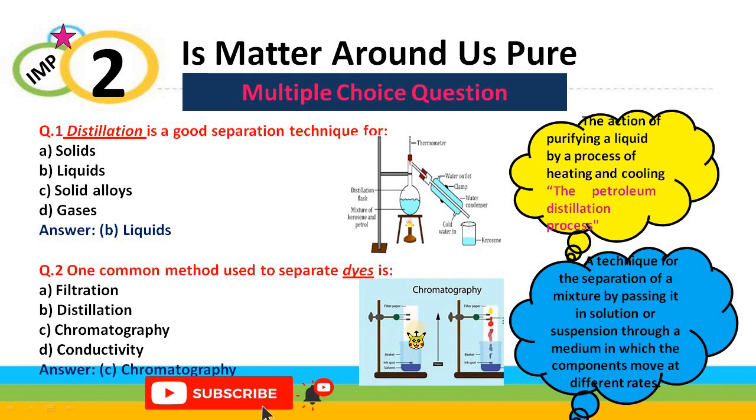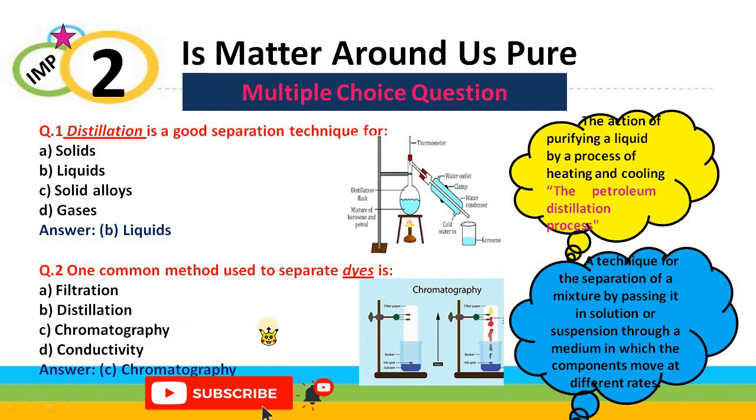This image you might have seen in your books. It's an image of chromatography. In this image you can see a separation of a mixture on different levels. These are different components in a mixture. So the one common method used to separate dyes, the answer is chromatography.